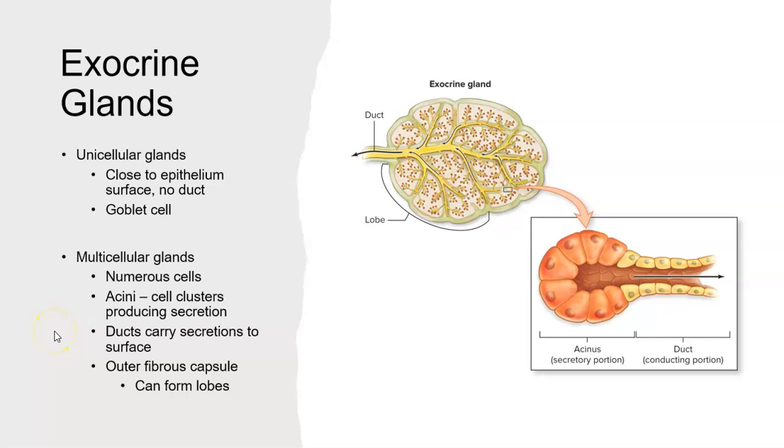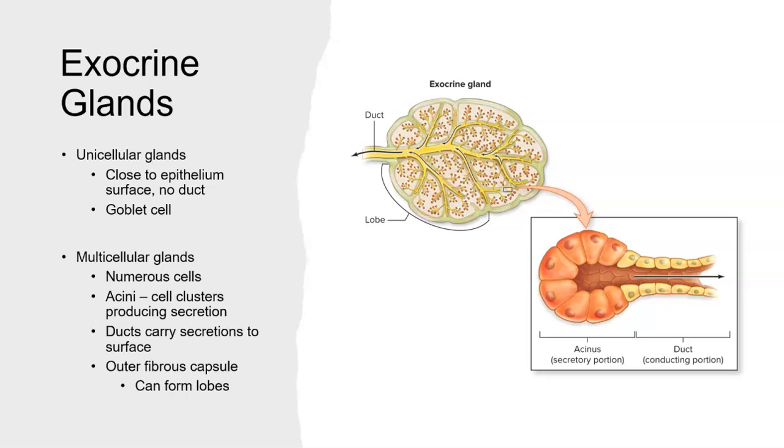Multicellular glands, well, you know what multi means, more than one, right? So multicellular glands, of course, contain numerous cells that work together to produce a secretion. So the cells are often arranged in clusters called acini. So acinus means grape. So it's like a cluster of grapes.